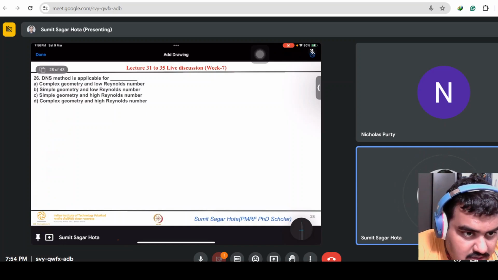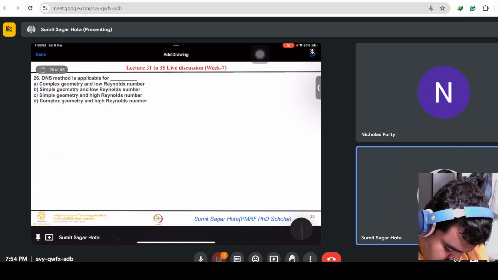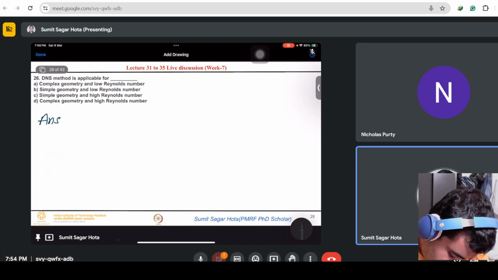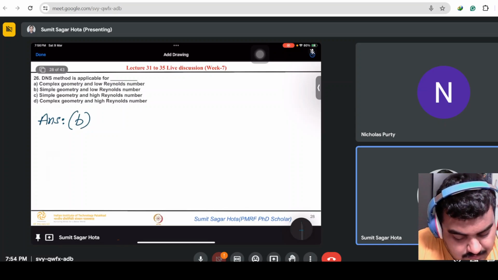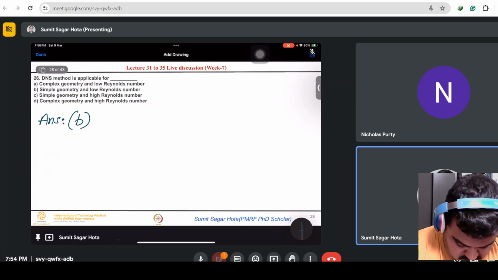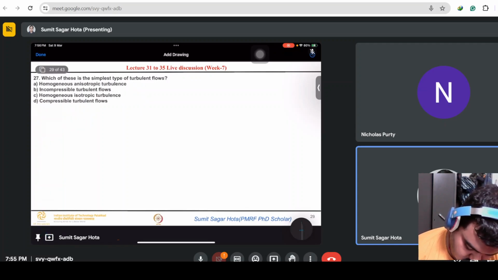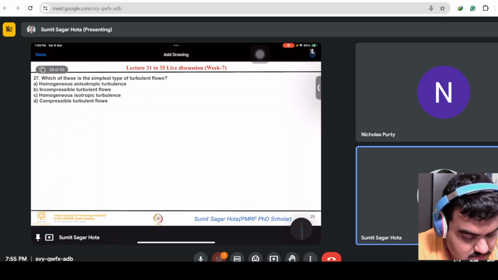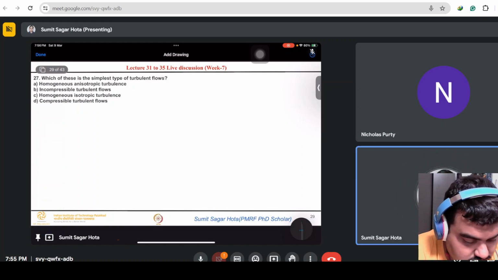For simple geometry and low Reynolds number problems. Which of these is the simplest type of turbulent flow? Homogeneous and isotropic turbulence is the simplest type of turbulent flow.